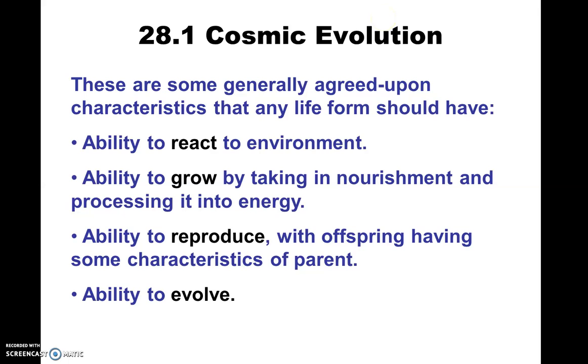This is still an astronomy class, but in astronomy we're certainly interested in what we find out there in the universe, particularly in solar systems. Also, there has to be the ability to reproduce.